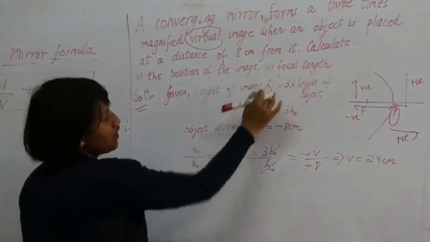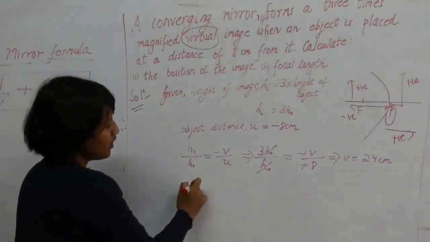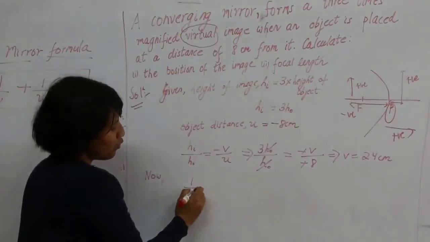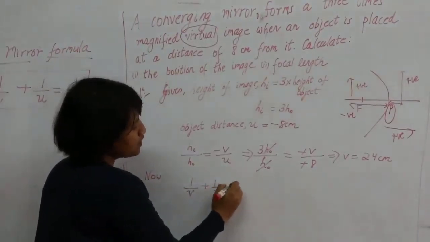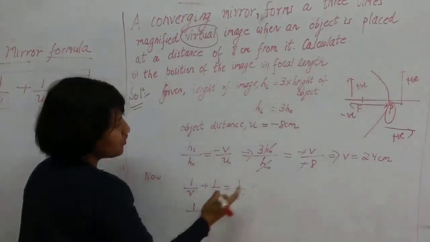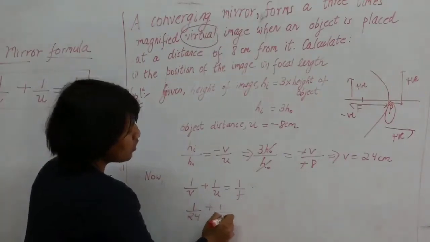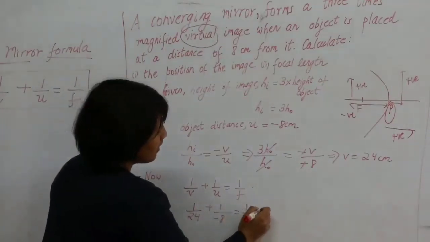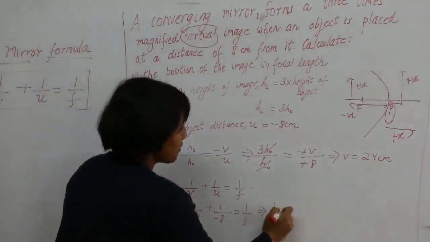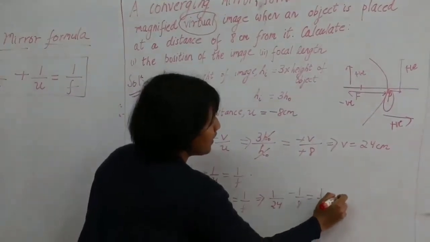Then next we have to find the focal length. To find focal length, you have to use the mirror formula: 1 by v plus 1 by u is equal to 1 by f. Then you substitute v, which is 24, and u, which is minus 8. So it will be 1 by 24 minus 1 by 8 equals 1 by f.